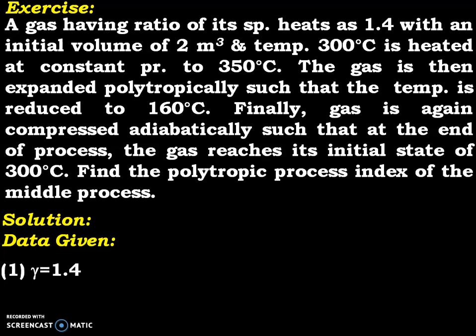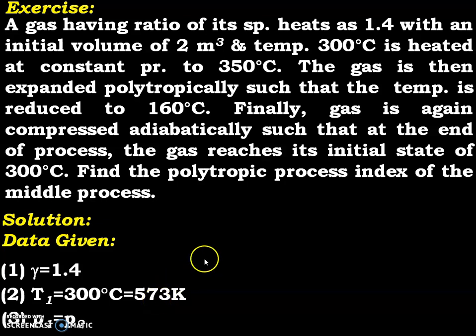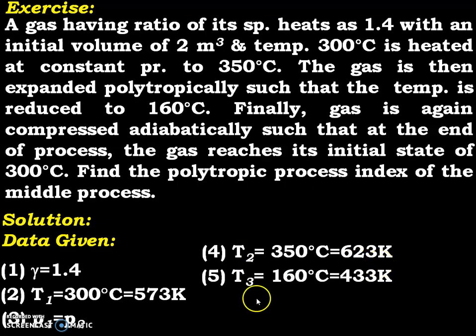Now let us see what data they have given. Gamma is 1.4. Initial temperature 573 Kelvin. P1 is equal to P2 because it is a constant pressure process. Then T2 is 350 degrees Celsius, that is 623 Kelvin. T3 is 160 degrees Celsius, that is 433 Kelvin.